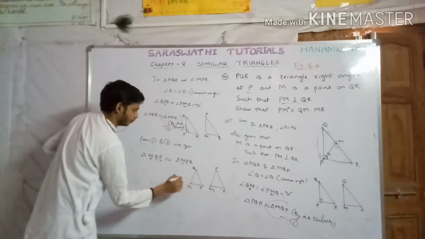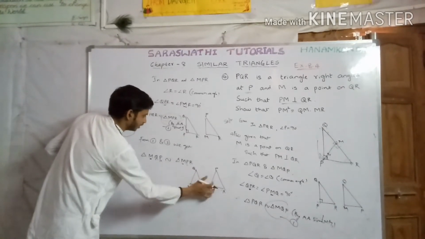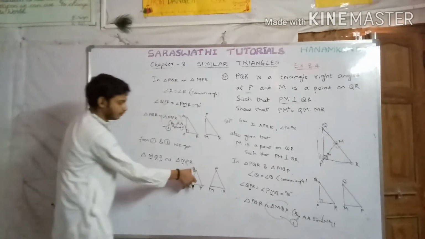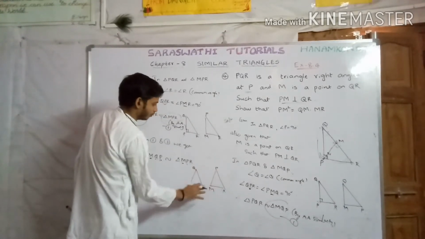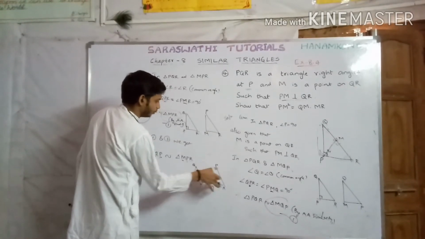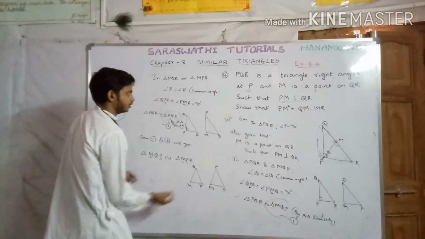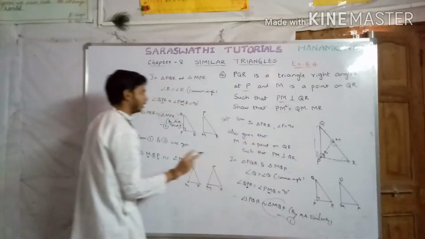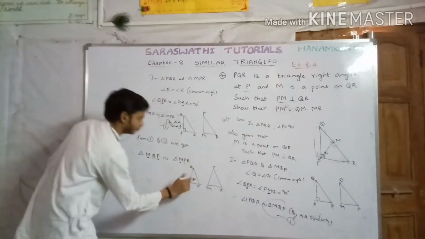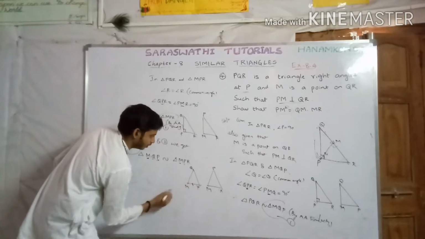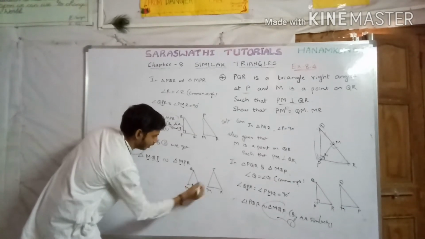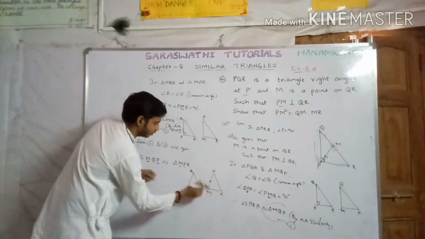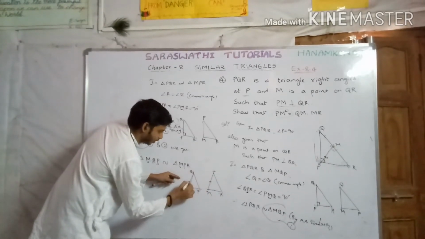Since these two triangles are similar, the ratio of their corresponding sides are always equal. So we can write QM by PM equals PM by MR equals QP by PR. Since in the proof we require PM square, PM should come twice. This side consists of PM and in this triangle this side consists of PM. So consider these corresponding sides.